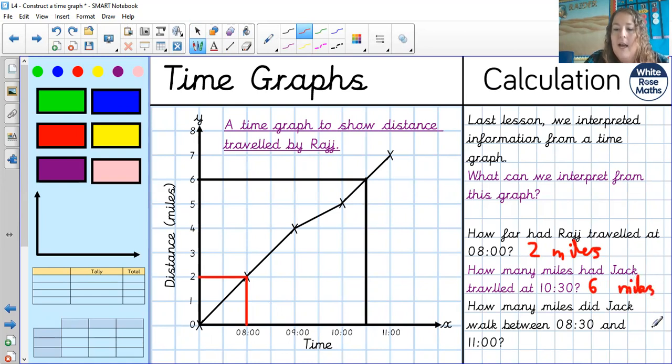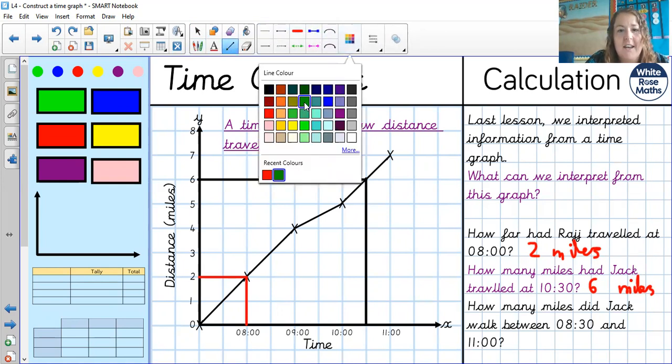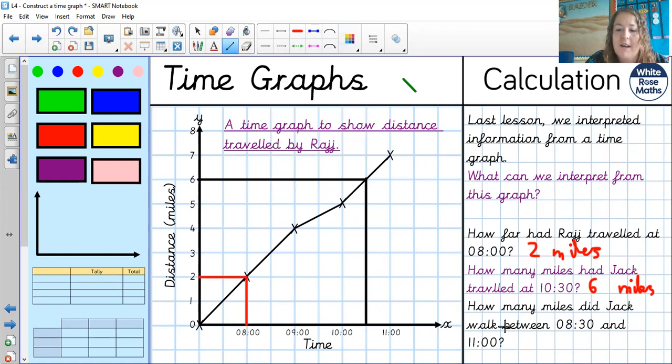Okay. How many miles did Jack walk between 8:30 and 11? That's my final interpretation question. Just as I did last time, I'm going to take another colour now. I need to make sure I start at 8:30 this time, so I'm going to go between 8 and 9. So 8:30 is here. And I'm not just saying that the answer is 3 this time. This time it's how far did he walk between this time and another time, so between 8:30 and 11.